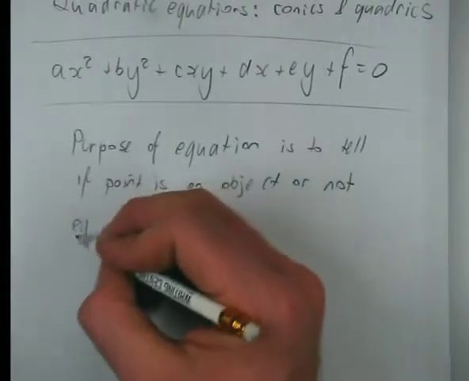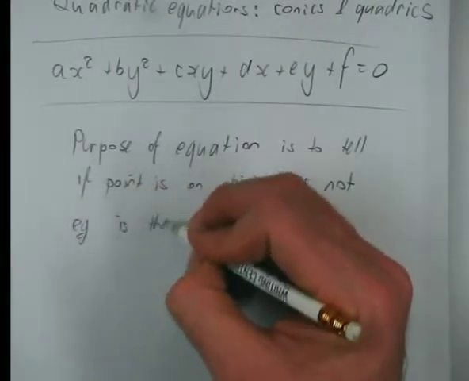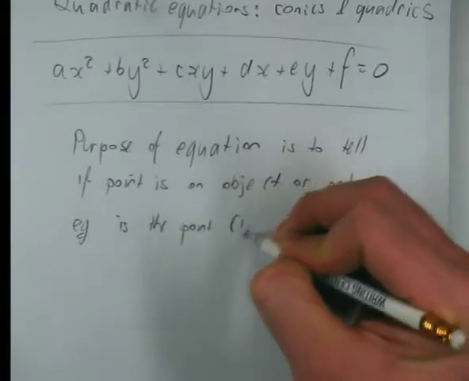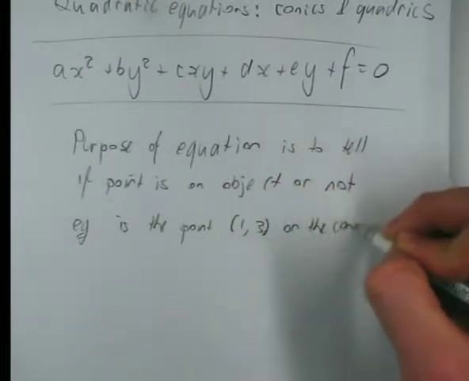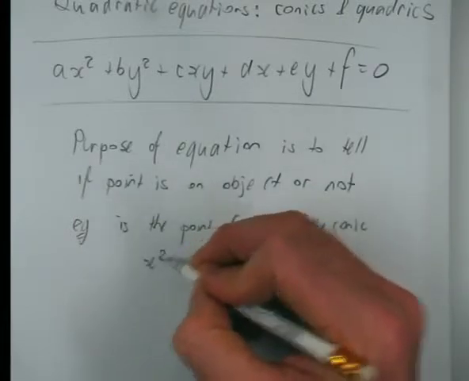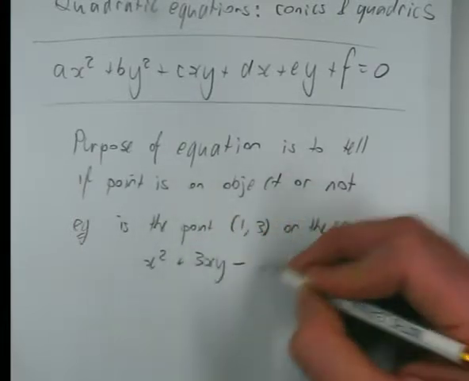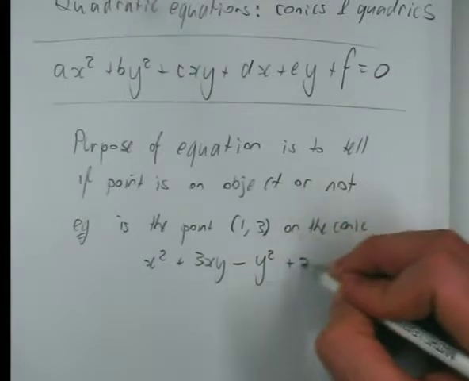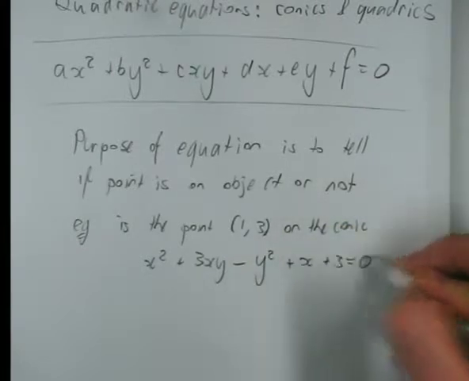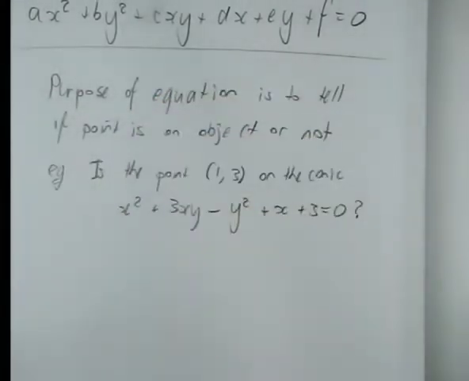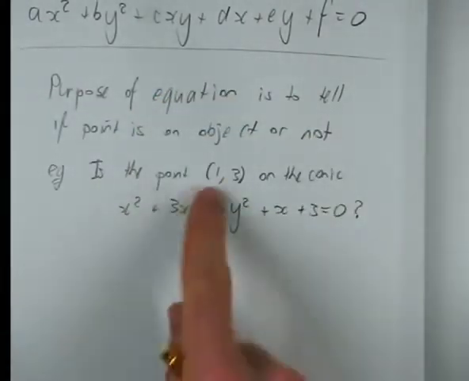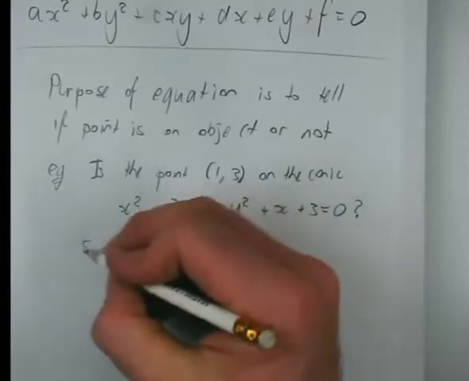So for example, is the point 1, 3 on the conic x squared plus 3xy minus y squared plus x plus 3 equals 0? Okay, if I ask that question, what I would do is I would sub the coordinates into here and see if it works.